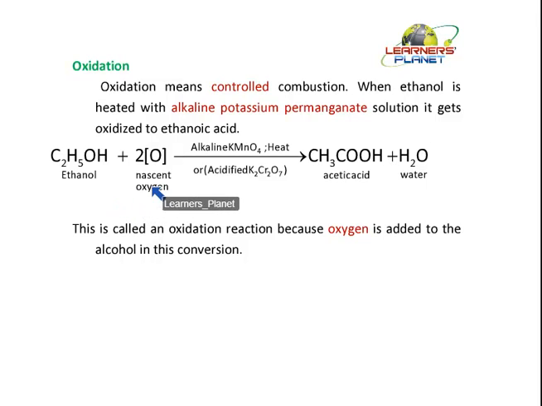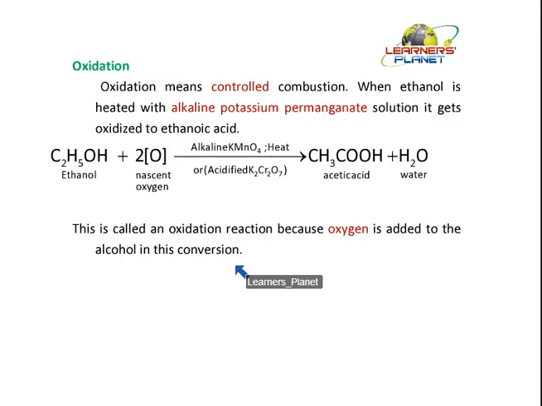That is ethanol plus nascent oxygen. The single atom of oxygen is called what? Nascent oxygen. Now this nascent oxygen is provided by alkaline potassium permanganate or potassium dichromate. Then it forms what? Acetic acid and water. Now why is this called an oxidation reaction? This is called an oxidation reaction because oxygen is added to the alcohol in this conversion.